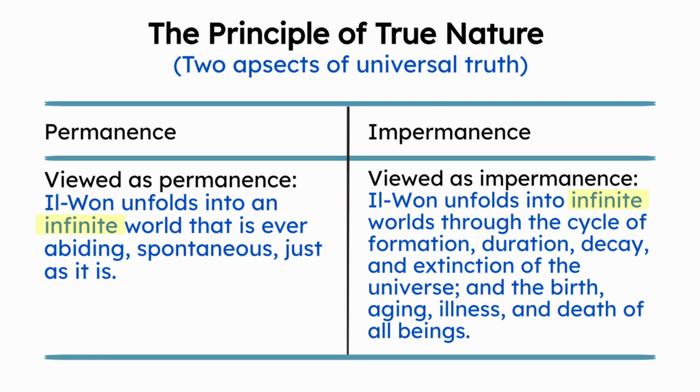In the permanent part of the nature, an infinite world, I interpret that as more perpetual, everlasting world. The second part, the impermanent aspect, the words infinite worlds mean countless, numerous, like billions of different phenomena world.